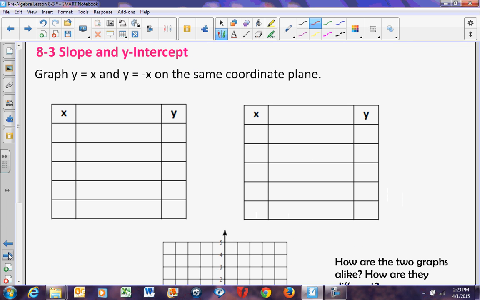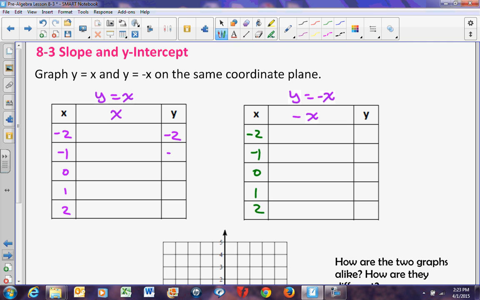We're going to graph y equals x and y equals negative x on the same coordinate plane. So again, I can use negative 2, negative 1, 0, 1, and 2. If y equals x, if x is negative 2, y is negative 2.